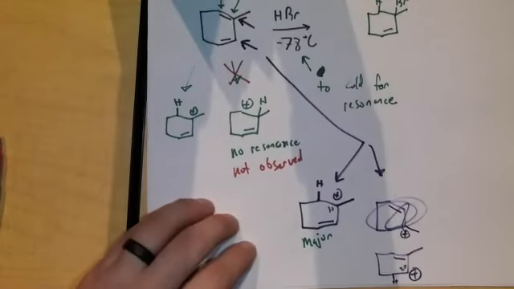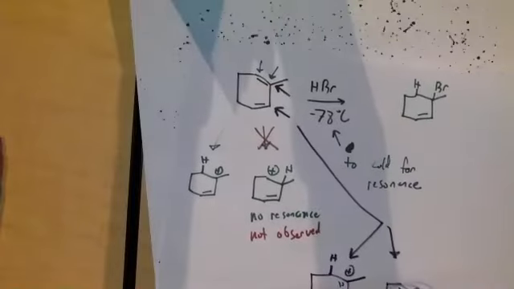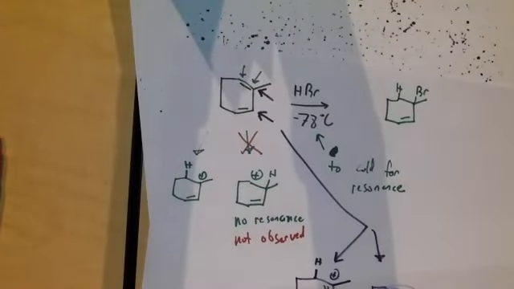I'm going to talk about some warmer conditions, and then we're going to kind of stop there for today. So at room temperature, your book puts 40 degrees, but really you can do it at probably 25 degrees, which would be room temperature.